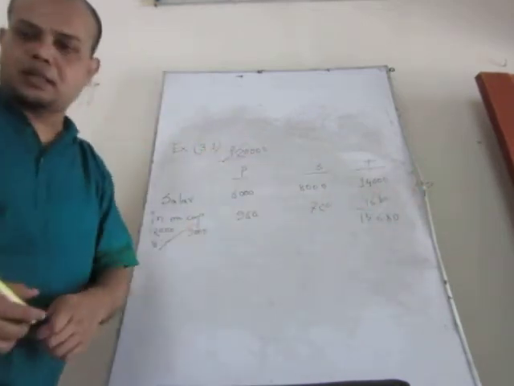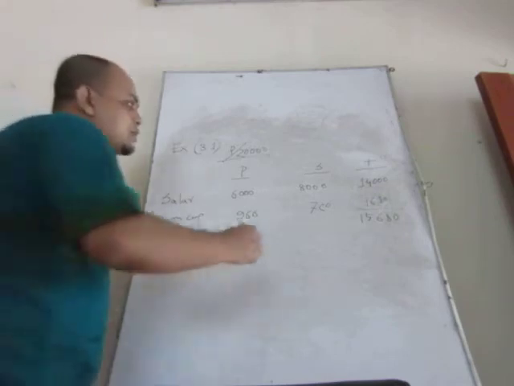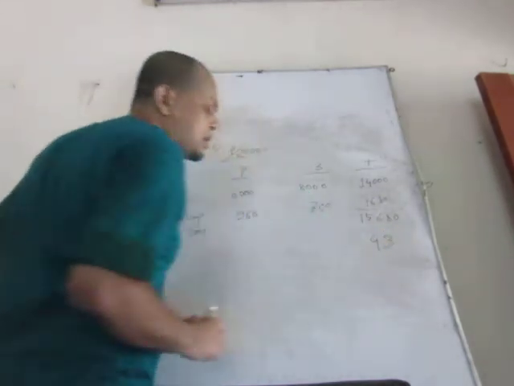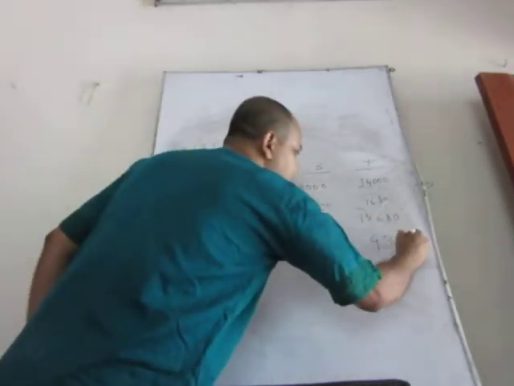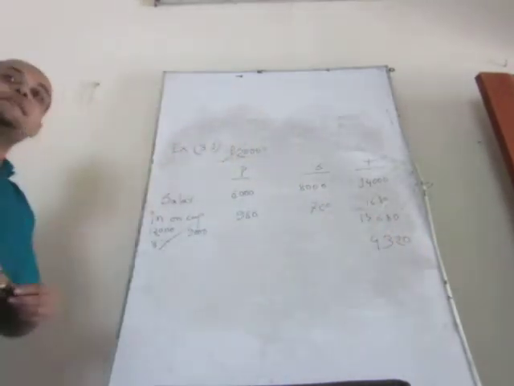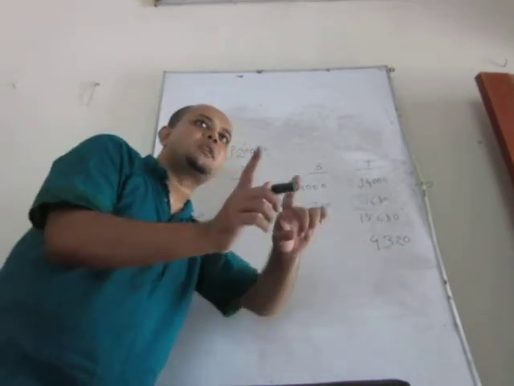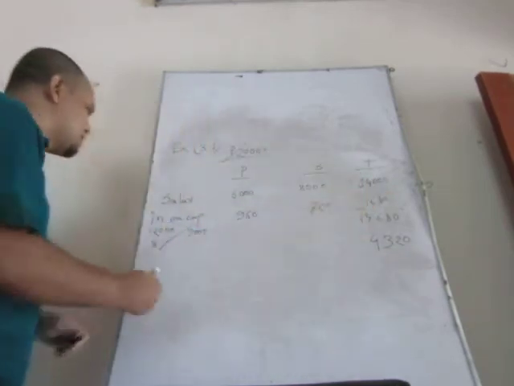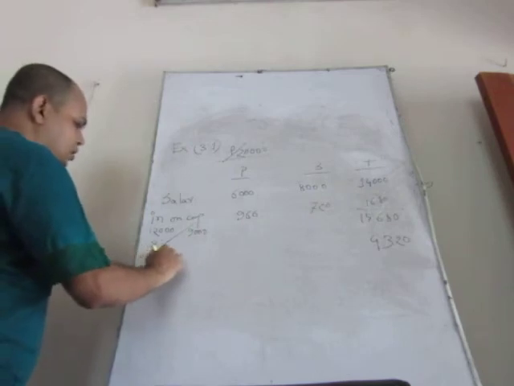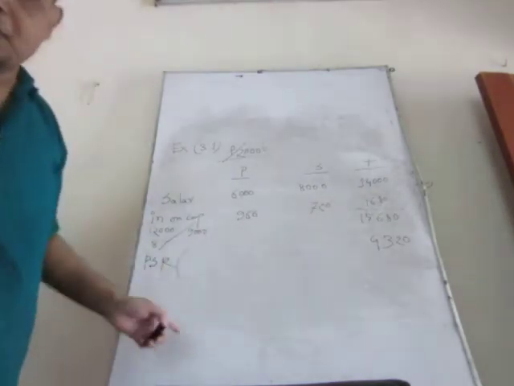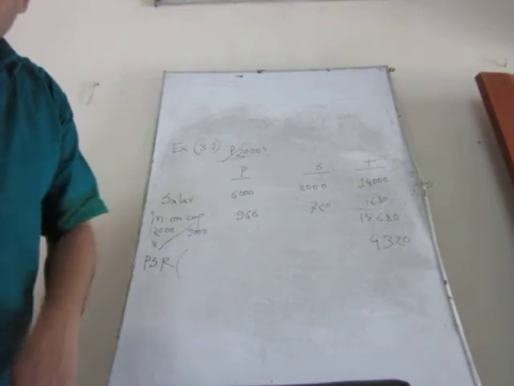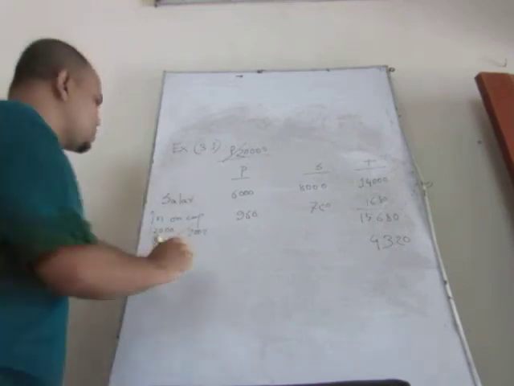The remaining profit is 4,320. This is the remaining profit. We have discussed that the remaining profit will be distributed between the partners according to their PSR, the profit sharing ratio, which is established in the partnership deed, that is 3:2.